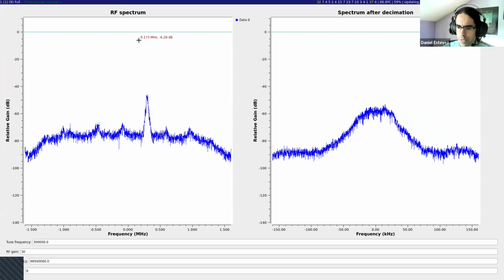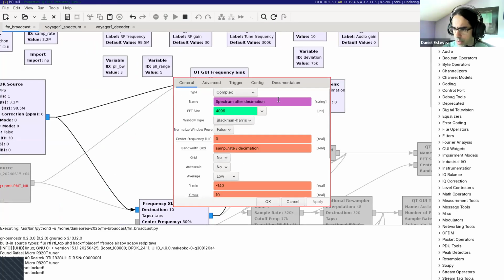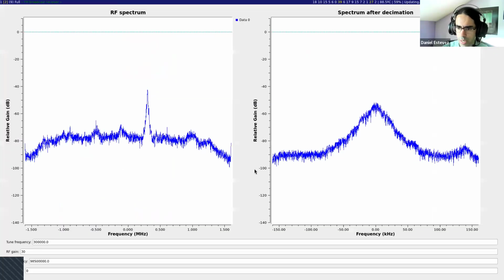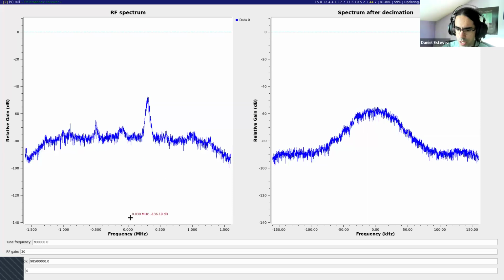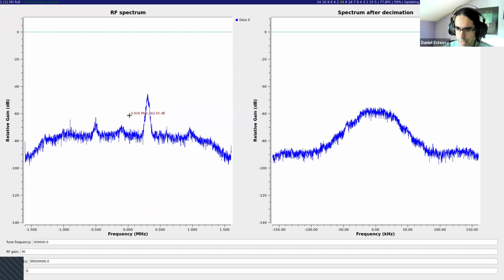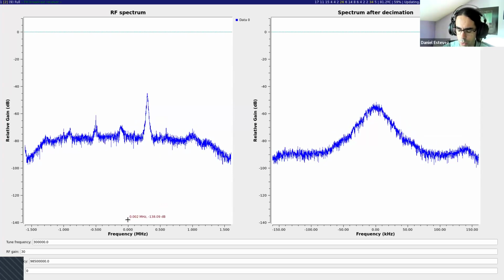So this is the RF spectrum, as it says. I don't know if I ever mentioned it, but you can set a name on most of these plots. The center frequency, just to recap, is 98.5 megahertz. We could show it here if we wanted.